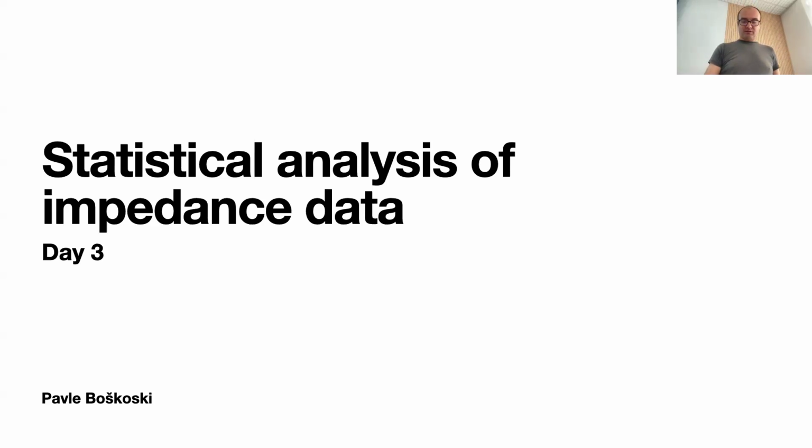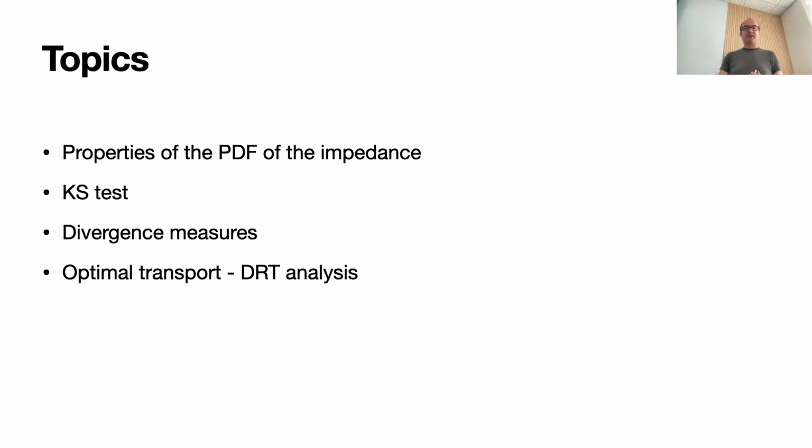So what are we going to cover today? These are four simple topics. The focus will be mainly on how to exploit the fact that we have statistical properties of the impedance. So I'm going to talk about automatic change detection in ice curves.